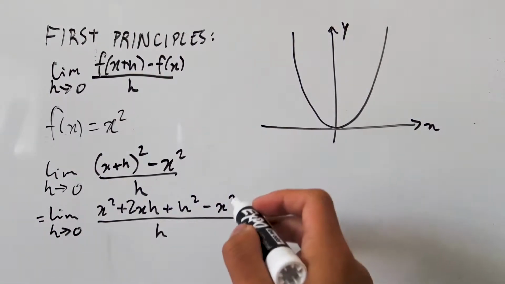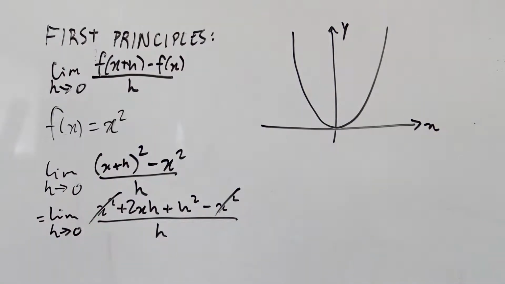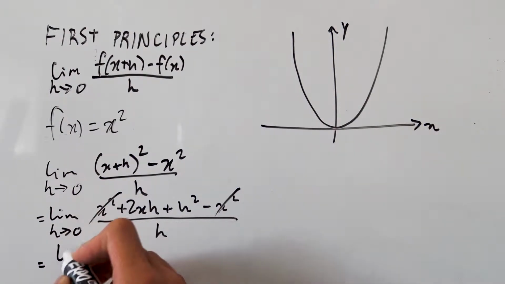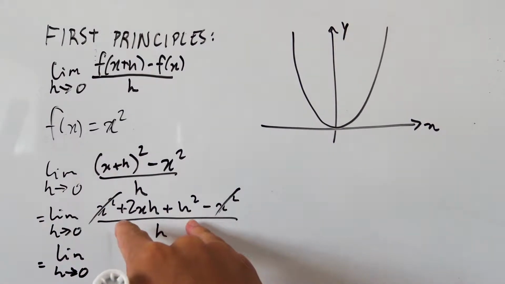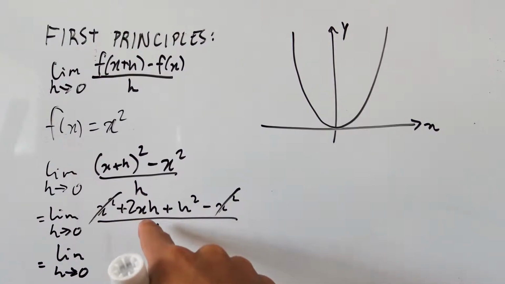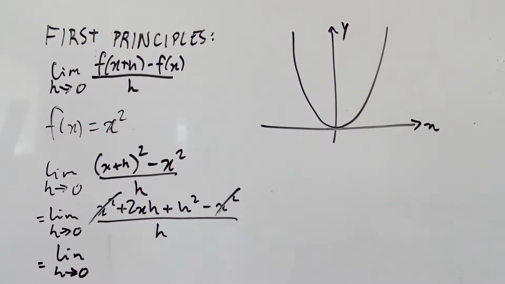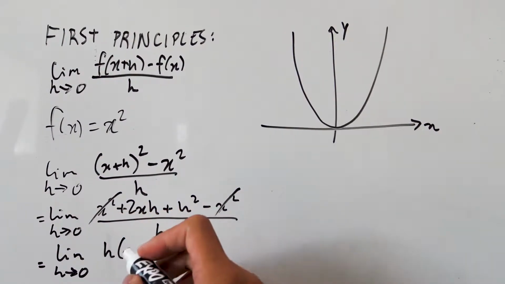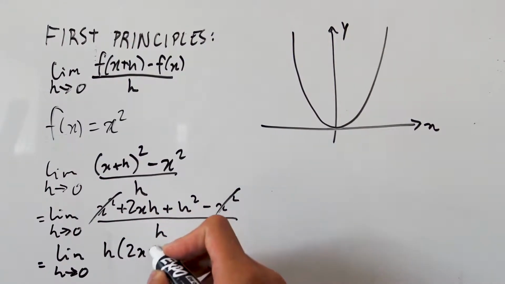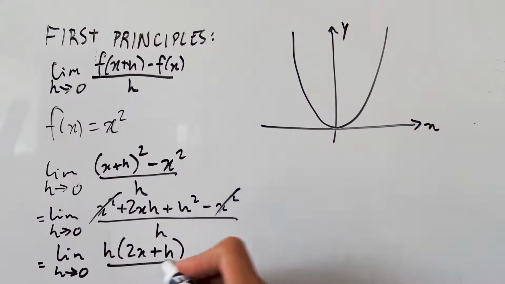And notice that this x squared and this x squared will cancel each other out. And now all that we're left with is the limit as h approaches 0 of this numerator here. But notice that this numerator here has a common factor of h that we can factor out. So let's pull our h out, and what we're left with on the inside is just 2x plus h. And everything's being divided through by h.